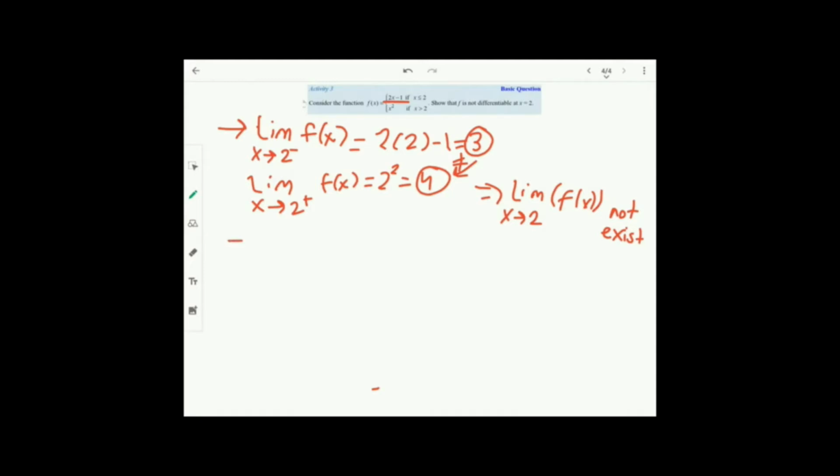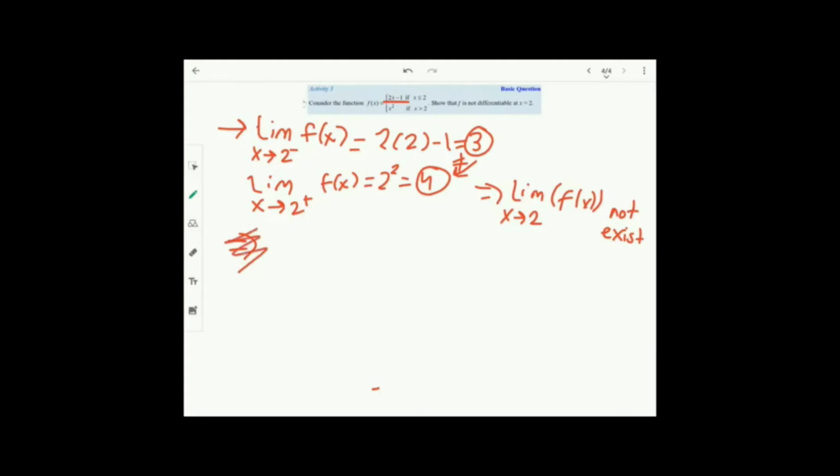So we can just say, I'm not going to write the whole statement down, as f of x is not continuous at x equals 2, you can put in parentheses, there's a jump discontinuity or the limit does not exist, comma, it is not differentiable at x equals 2. We just stated the statement that we just learned.